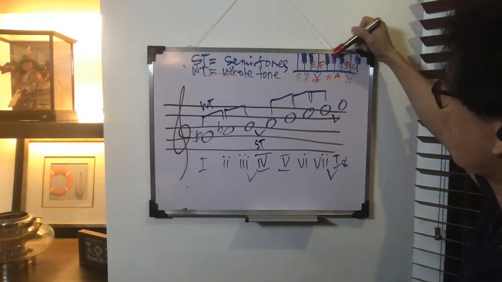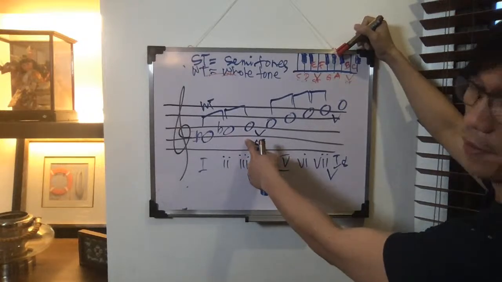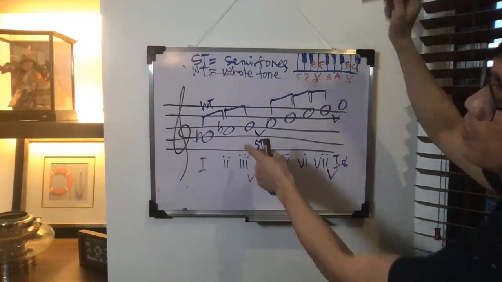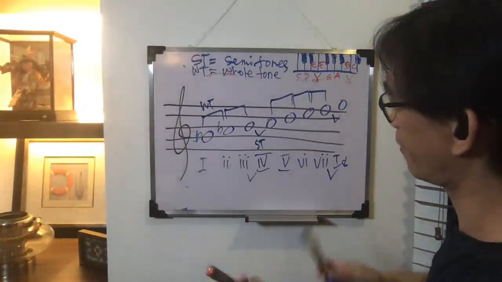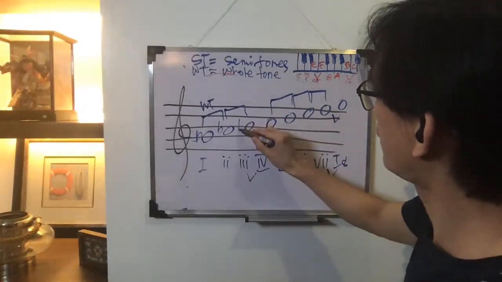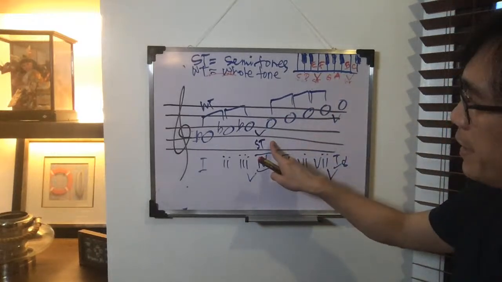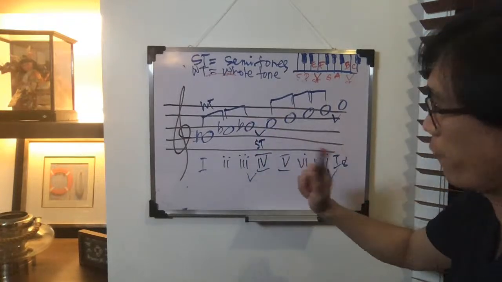It's exactly the same case as earlier. So A flat to B, 3 half steps again. Therefore, the B should go down 1 half step. Yes, you guessed it right, another flat. So this time we need a semitone interval because this is the third and that's the fourth tone.